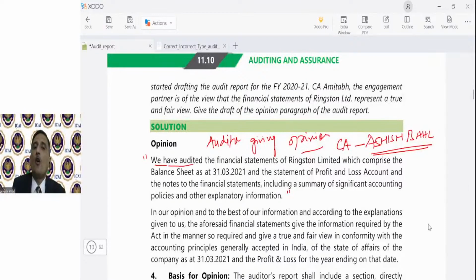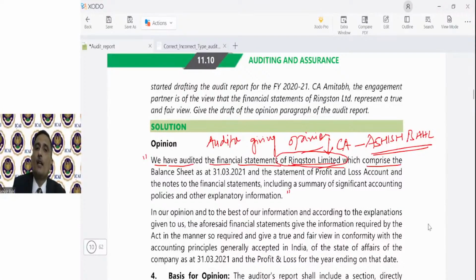So we have audited the financial statements of this company. So I am identifying the company, the entity whose financial statements have been audited by me, which comprise, and I am also here identifying each financial statement which comprises the financial statements.